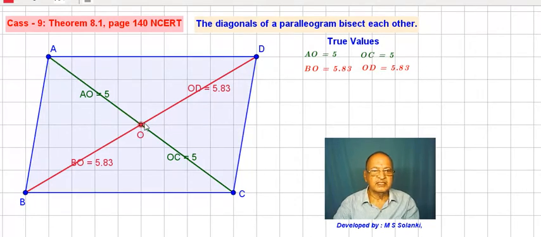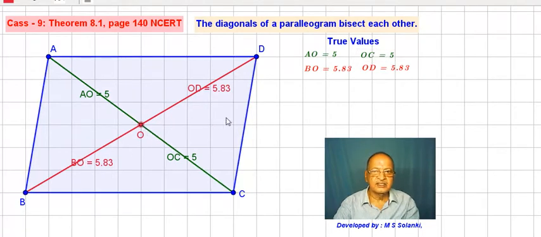We have measured AO and OC, and BO and OD. So, we have obtained these values at this stage. AO is 5 and OC is also 5 units.